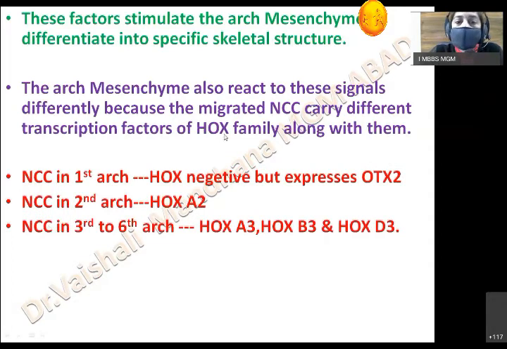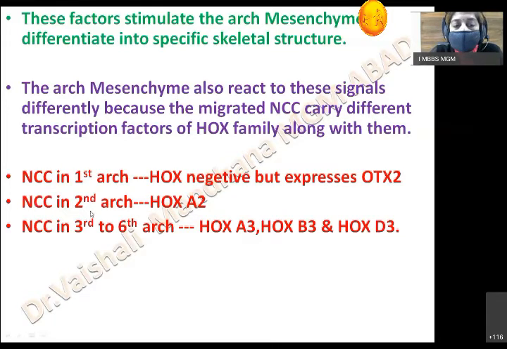So what are these factors from the Hox family present in the neural crest cells of different arches? Neural crest cells in the first arch are Hox negative. They do not have any transcription factor from the Hox family, but they have some other ones.